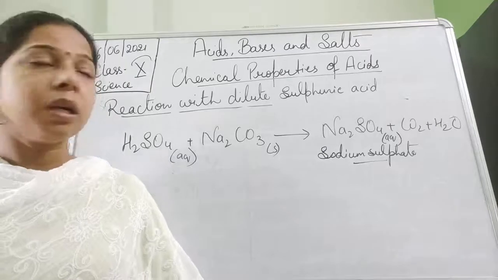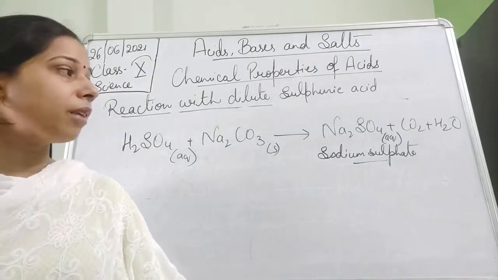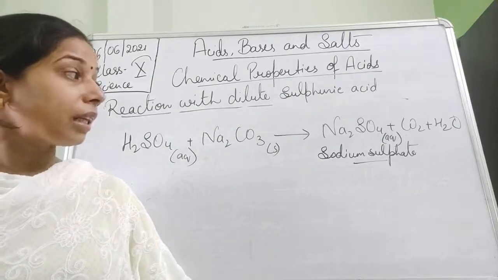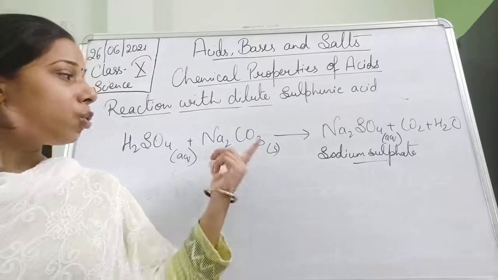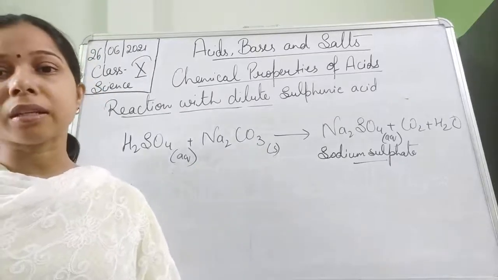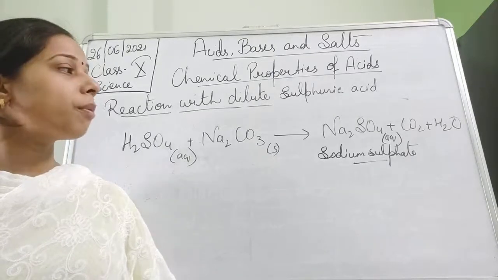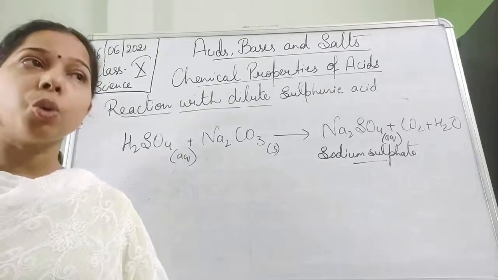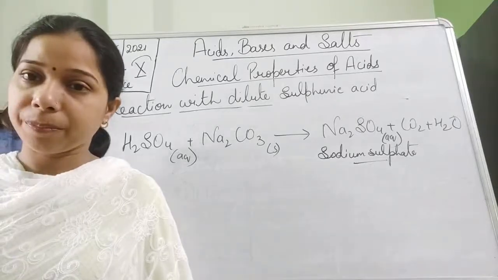Now here you will find that if we take any acid like dilute hydrochloric acid and react it with Na2CO3. Na2CO3 is what? It is sodium carbonate, a metal carbonate. Then there is a formation of sodium chloride, carbon dioxide is released and water is formed.